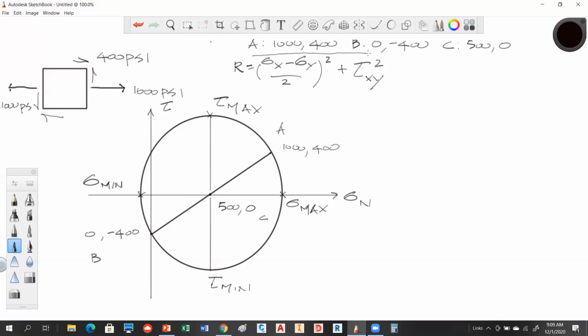So you're really just using the Pythagorean theorem, okay? So if I plug that stuff in, x was 1,000, y was 0, so that just goes to this. And tau x in the y direction was 400, so we're going to square that. So that will give us the radius of this circle.